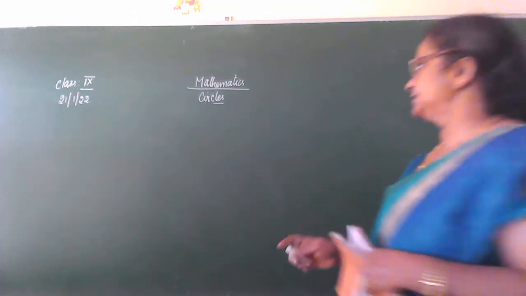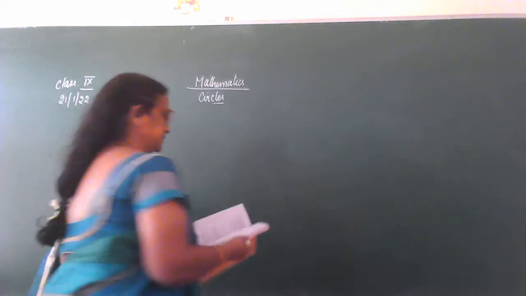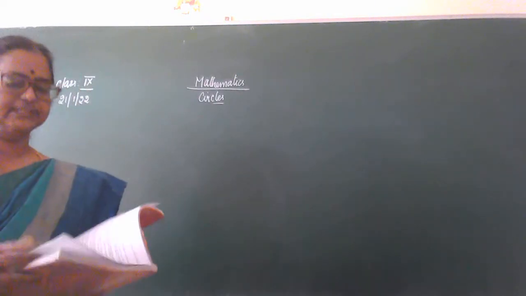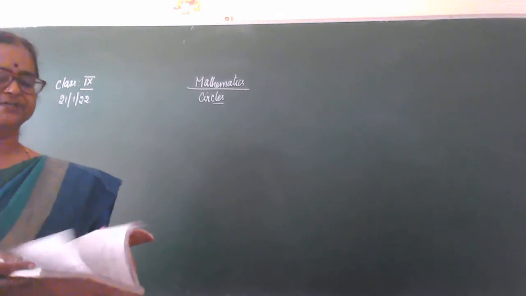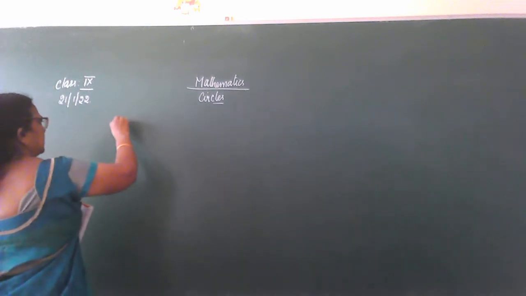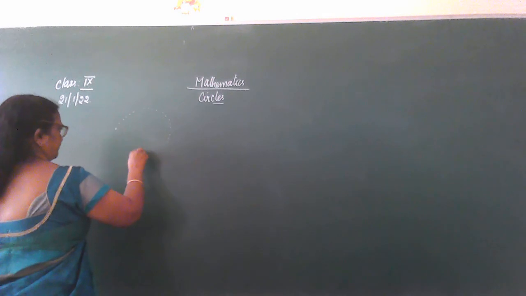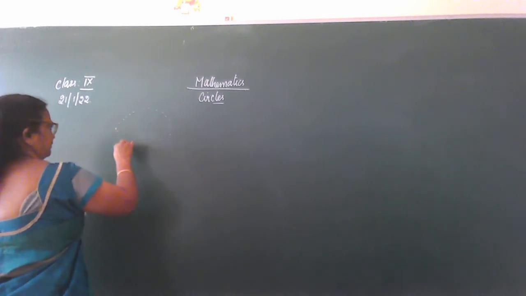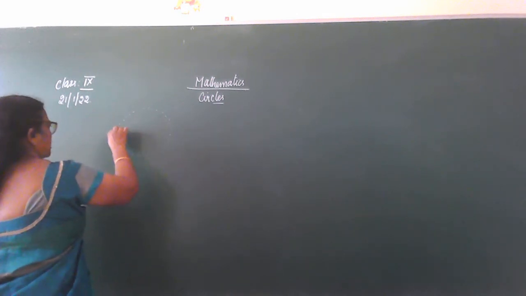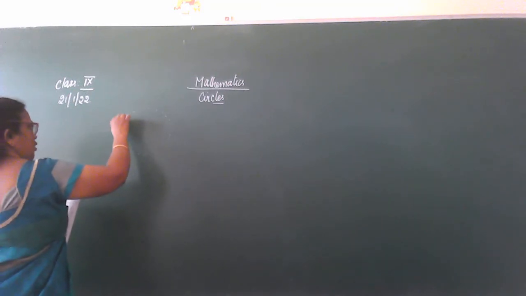Yes. So first, the definition of a circle. What is the definition of a circle? A circle is nothing but a collection of points on a plane from a fixed point.